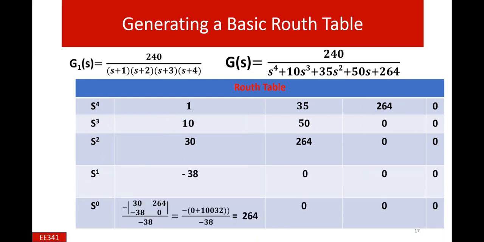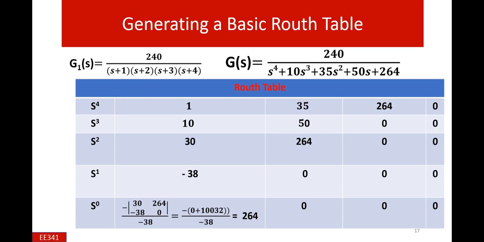So the last row can be filled by using a similar process. In the adjacent two rows, the values are 30 and minus 38, and the adjacent two values are 264 and 0, scaled by the value just above, which is minus 38.